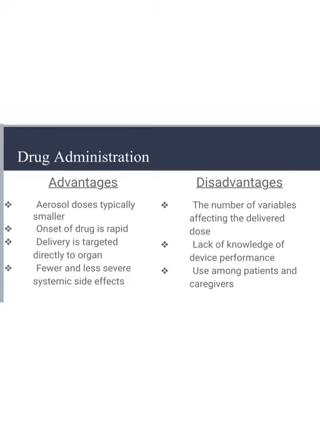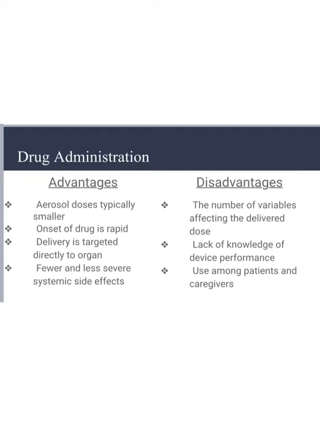Some disadvantages may be the variables that are affecting the delivered dose. When we talk about the variable of the doses, we mean a patient who may not be able to coordinate an MDI, or they breathe in too fast, so a lot of it hits the back of their throat, things of that matter.